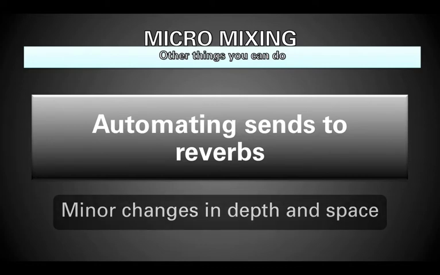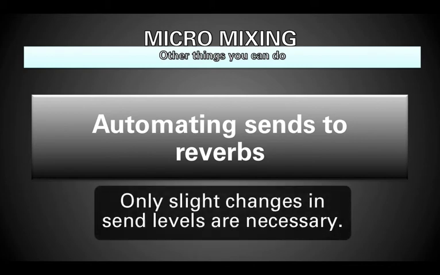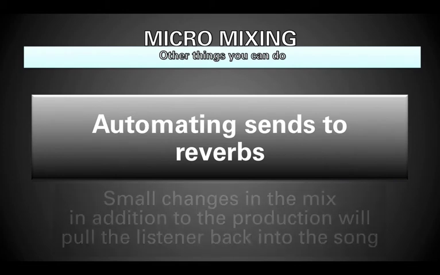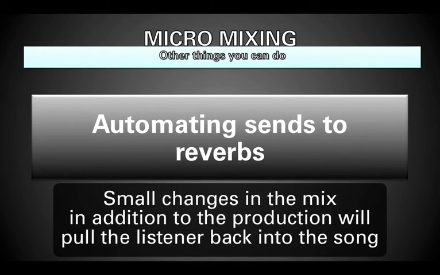Something that easily could be overdone, but changing the amount of reverb for a section can create more depth and width simply by adding a little more reverb in one section than the other, or take the opposite and dry up one section more than the other. And you will see that your mix is more exciting that way.